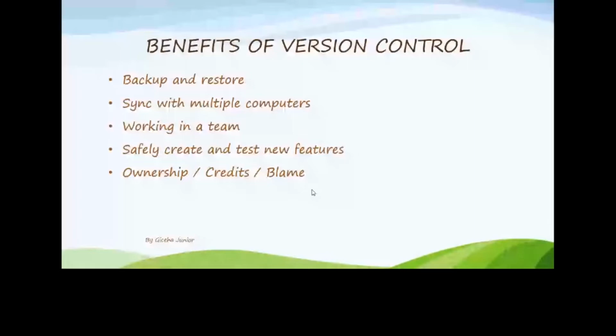Number 3 is working in a team. I guess you have ever heard of tech. Most of the cases, developing a big application takes time, needs more refactoring, and you might not have all the skills needed to develop the whole application.